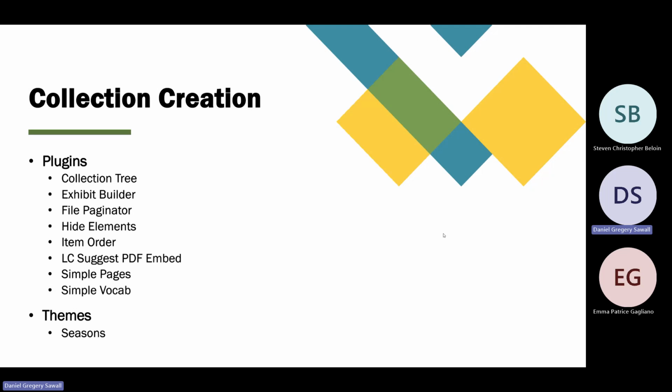And so then we can scroll through those quickly and easily with the file paginator. We had hide elements in order to hide a couple of elements that just weren't as useful, item order to order them in our collection, and then LC suggest, and then simple pages and simple vocab to just ensure we can build the exhibit that we need and have that controlled vocabulary.